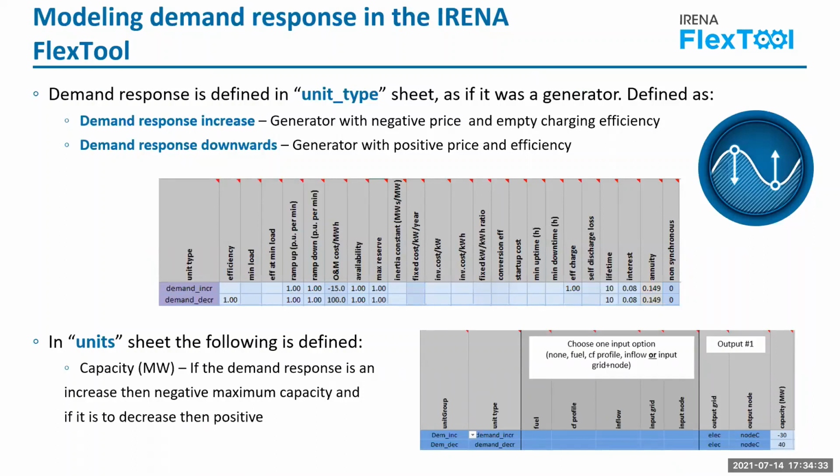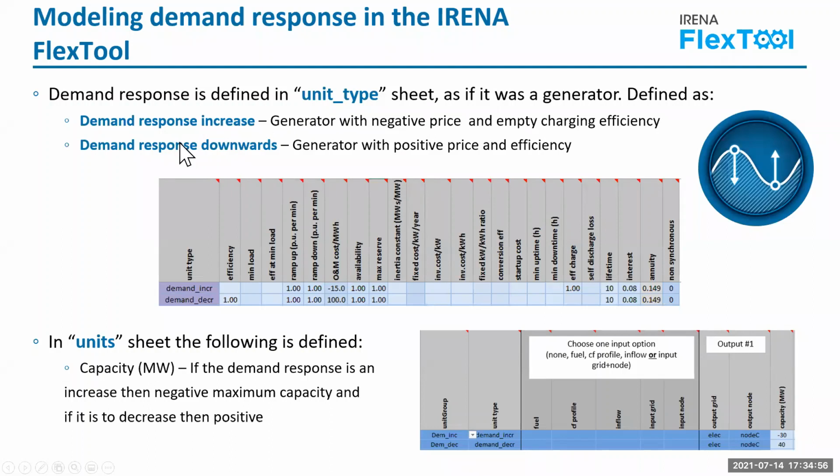as a generator that can generate or that can absorb energy. And what we do is, in order to model an increase in demand, we use a generator with negative price and empty charging efficiency.